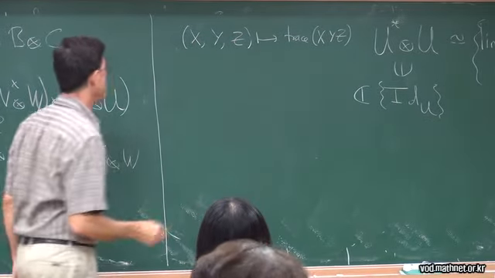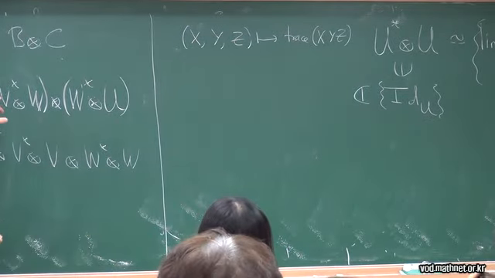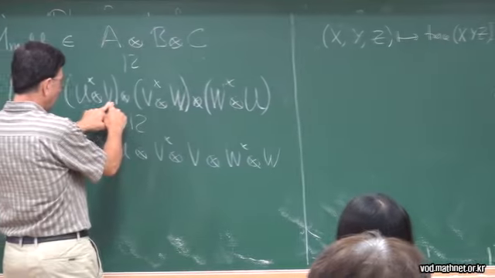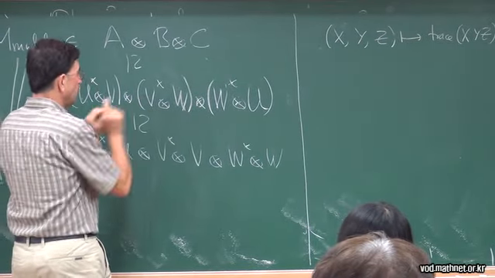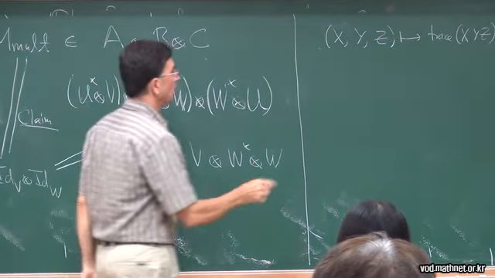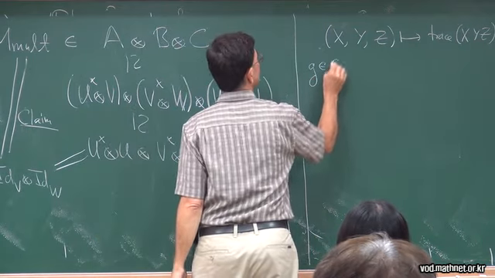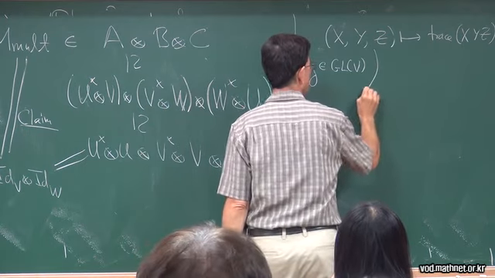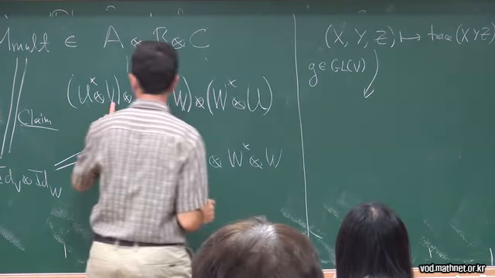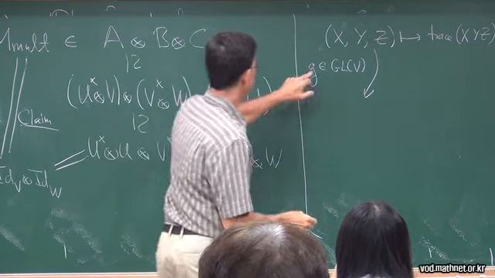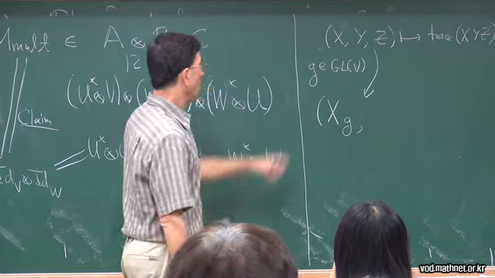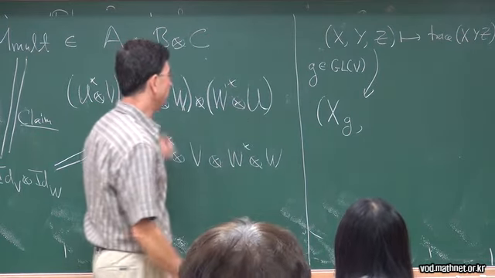Now, let's say I decide I want to do a change of basis in V, right? Well, if I act by a matrix here, the action on V star is by the inverse matrix. So let's say I have G in GL(V), acts on this triple of matrices. Well, this V is going to get multiplied by G on the right. So X goes to X times G. Y is going to get acted on the left by G inverse.